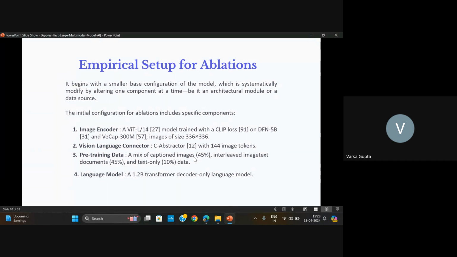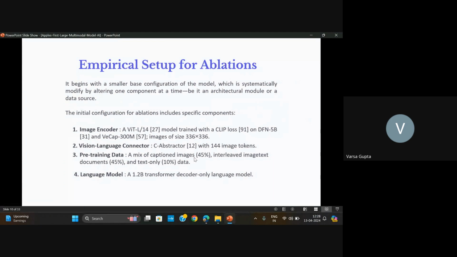We start with the initial configuration, which contains four components as we see there: image encoder, vision language connector, pre-training data, and language model. The first is the image encoder, which is based on the vision transformer architecture.